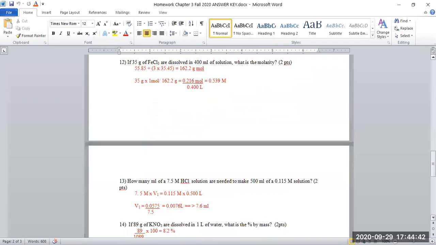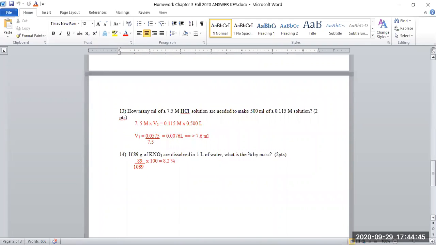And then the last couple. 13 is a dilution problem. M1V1 equals M2V2. So I started out with 7.5 molar hydrochloric acid. I don't know how much of the concentrated stuff I need yet, but I want to dilute it down to a half a liter of 0.115 molar.